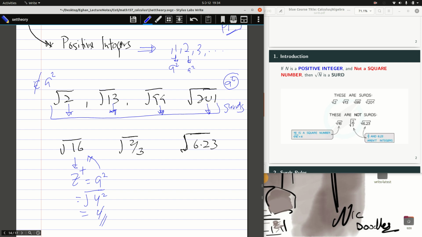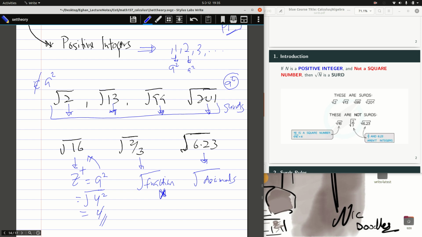The second example, what is under the square root is not an integer, it's a fraction. And with our definitions, we don't expect a fraction, we expect integers which are positive. And so this is not a set. When I come to the third one, I have a square root of decimal points.